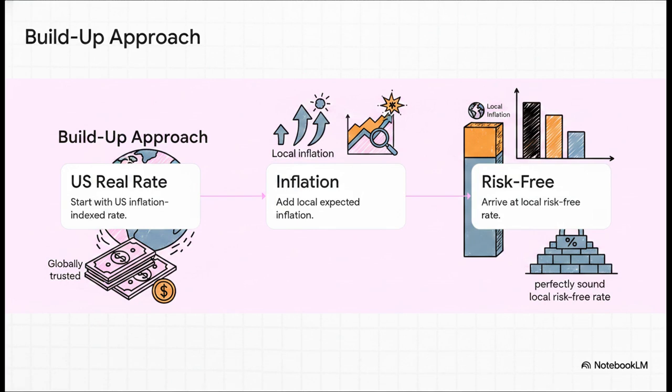Step 1, you start with a globally trusted real risk-free rate, something like the interest rate on a U.S. inflation index treasury bond. Step 2, you determine the expected inflation rate for your specific target country. And step 3, you simply add them together. By stacking a solid global real rate right on top of local expected inflation, you synthesize a perfectly sound, logical, local risk-free rate built entirely from the ground up.